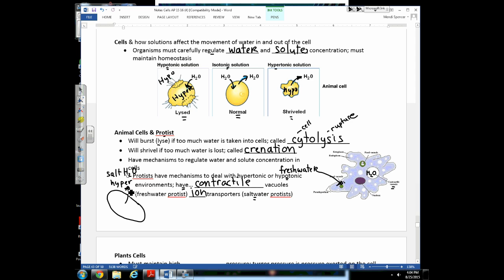So what these cells do is they actually transport in ions. Let's label this first arrow with water so that you understand this second one is indicating ions or solutes being brought in. So they bring in solutes so that they can become more isotonic compared to the salt water, so that they're not always losing water to the environment.